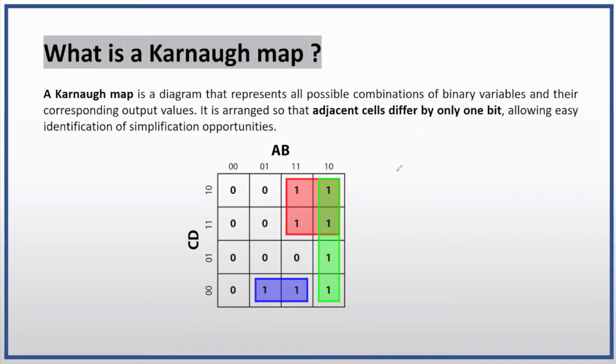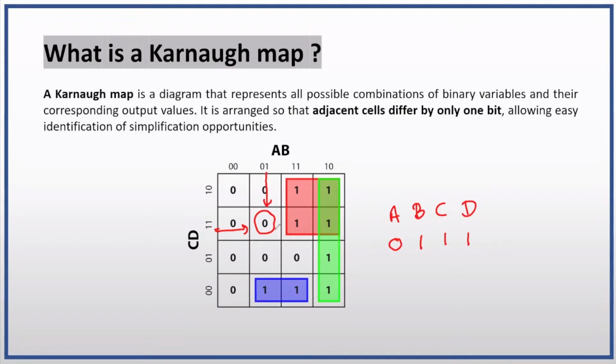By looking at any cell here, these are not rows or columns. In a Karnaugh map, there are cells. This cell presents the input A, B, C, D, where A is 0, B is 1, and C and D are both 1.